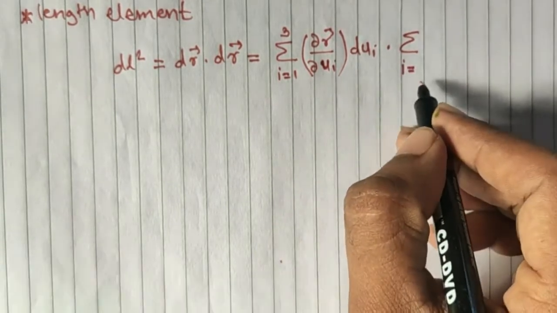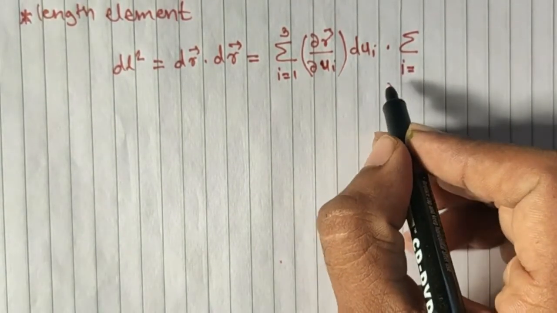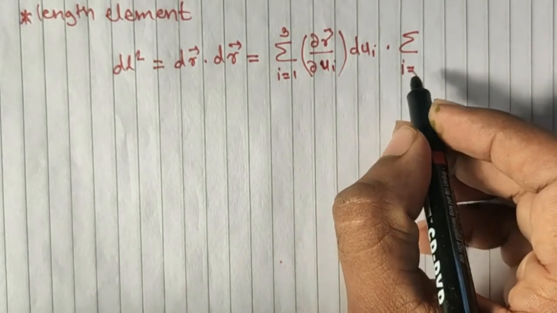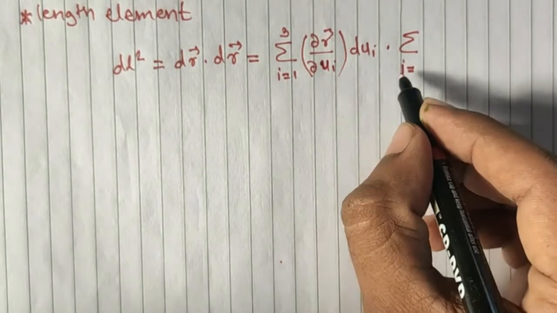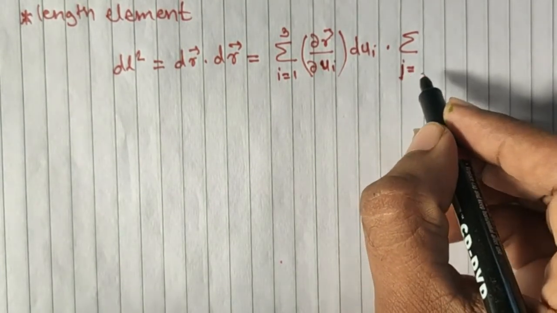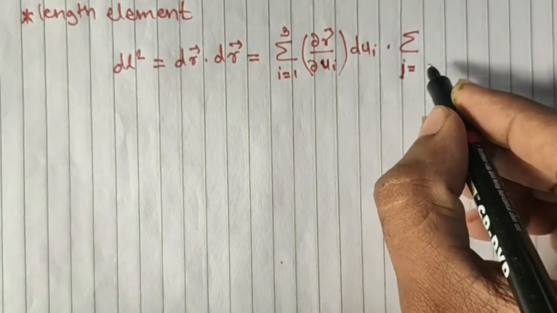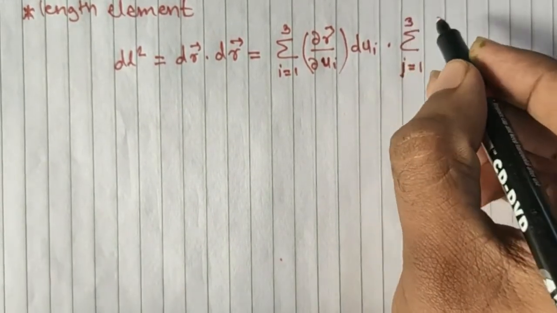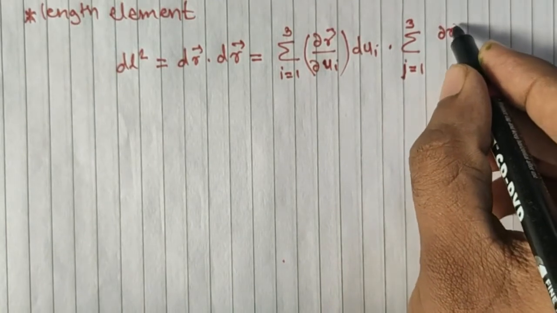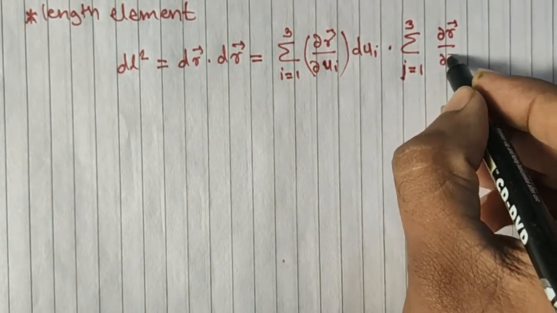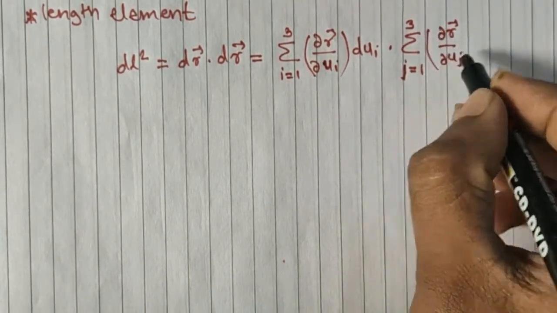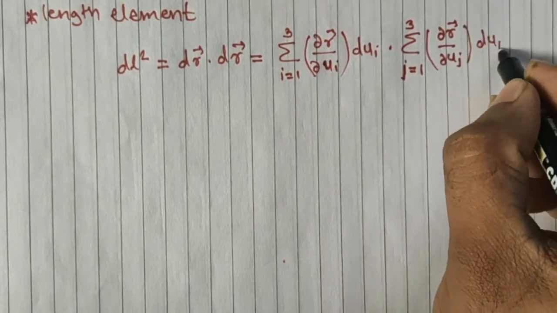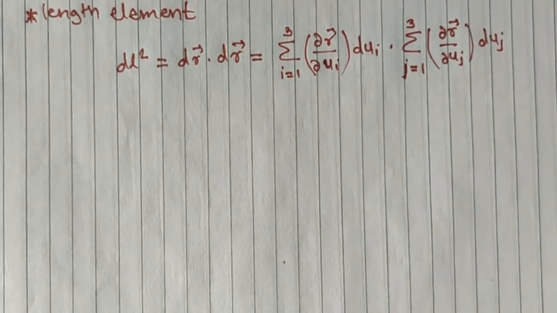Now if I put i, it will be the same index and it will make confusion when I will be treating them together. So rather than putting i, I will write j. j is running from 1 to 3, delta r bar by delta uj duj.